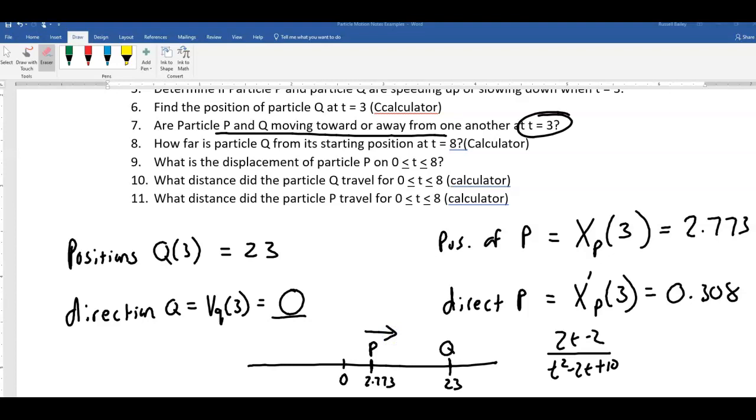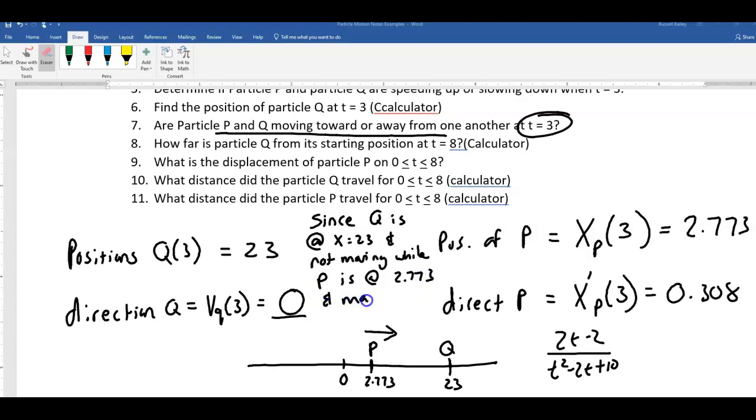Well, Q is not moving at all, but P is moving towards Q. And so we would say, since Q is at x equals 23 and not moving, while P is at 2.773 and moving right at t equals 3, they're moving towards each other.